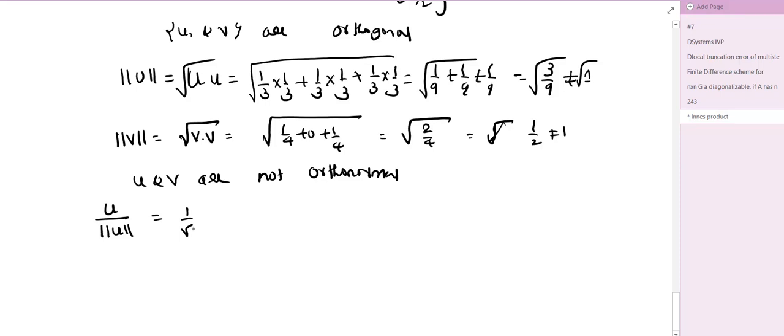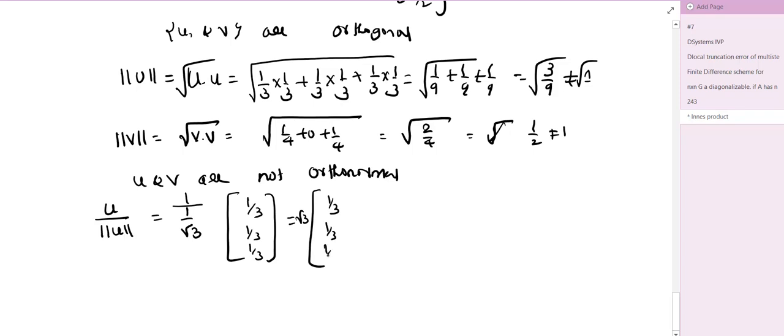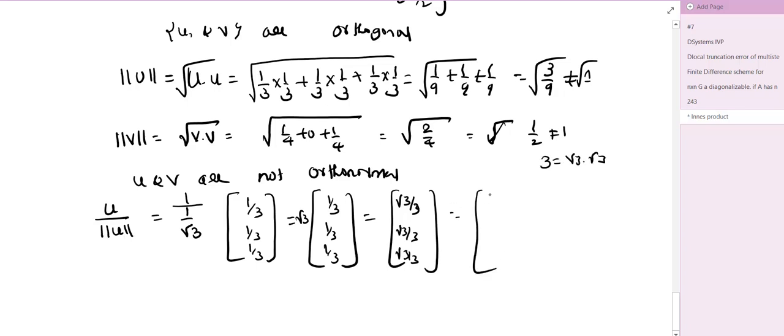So 1 divided by 1 by root 3 is root 3, into 1 by 3, 1 by 3, 1 by 3. This is root 3 by 3, root 3 by 3 and root 3 by 3. Since 3 is root 3 into root 3, it will be simply 1 by root 3, 1 by root 3, 1 by root 3.